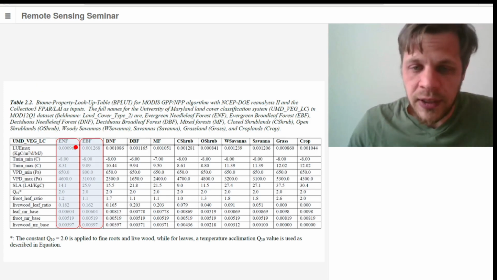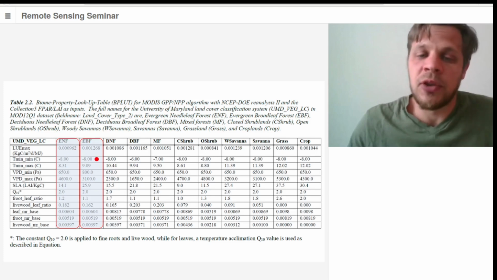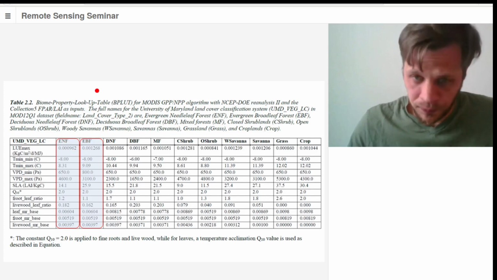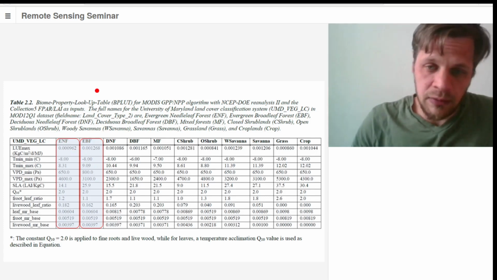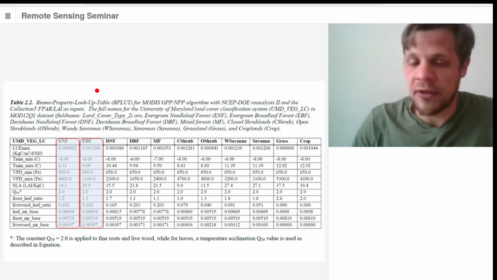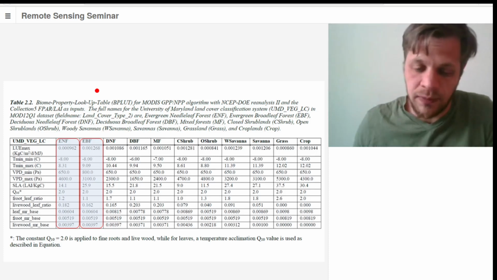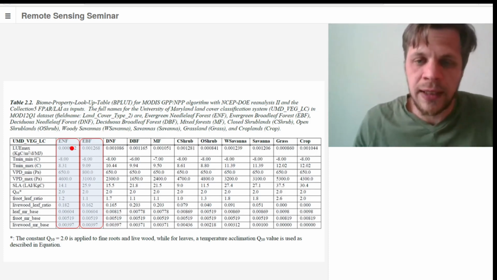The differences that you see here may seem marginal, but you have to imagine that everything needs to be multiplied by 365, because in the end you get a balance over the whole year. And of course it makes a difference if it's a pure needleleaf forest, a pure broadleaf forest, or a mixed forest.